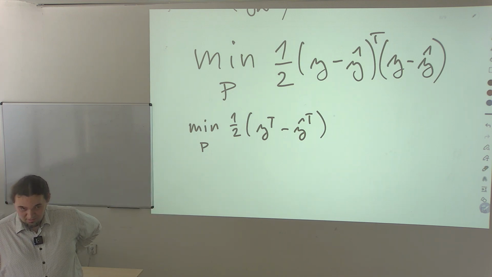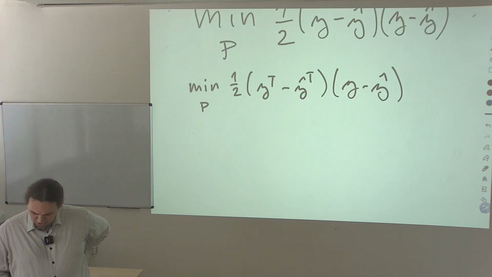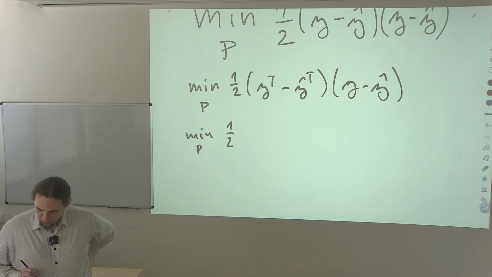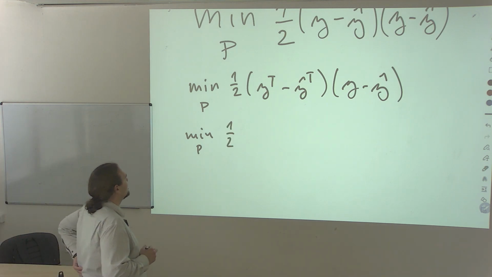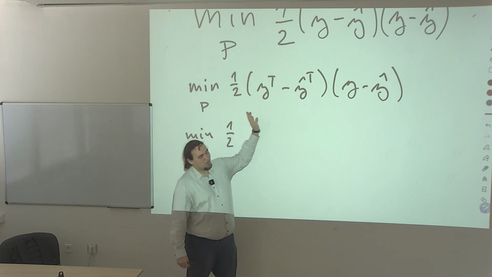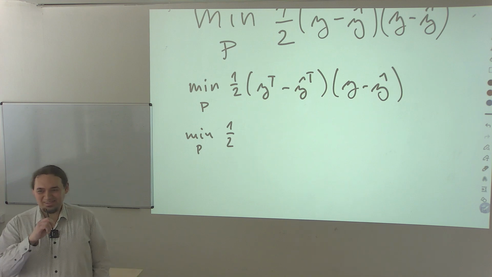That's okay, hopefully. And the second bracket stays the same. Now, please help me with some multiplication. What will be the product of the two brackets?